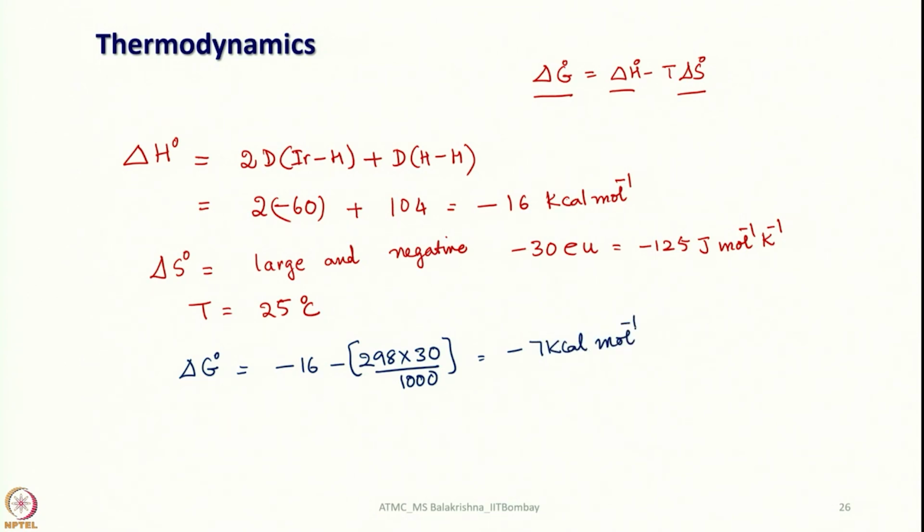So, what does it indicate? If you look into delta G, it is very small. That means if the delta G value is anywhere between plus or minus 10 to 15 kilocalories, with appropriate reaction conditions one can think of reversing that reaction. That means the way we add H2 through oxidative addition, we can get rid of H2 through reductive elimination.